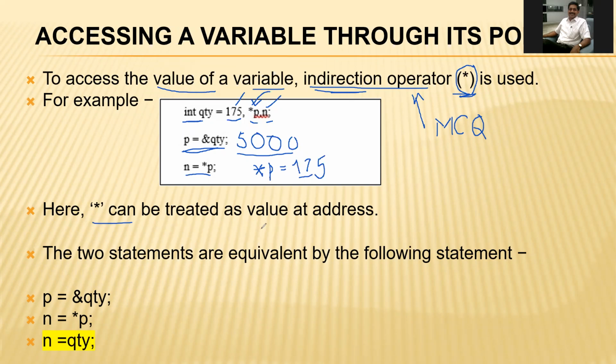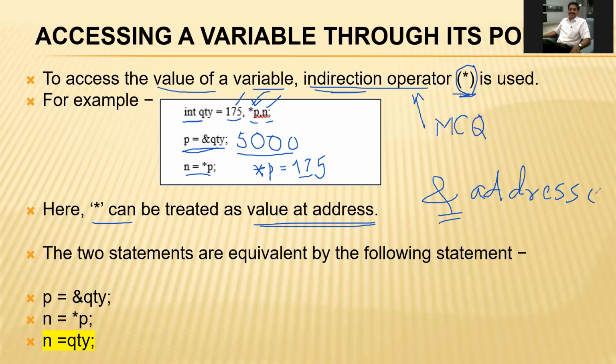Here star can be treated as value at address, very important, and ampersand we can call address of. Yesterday we have seen both of these operators, star and ampersand.